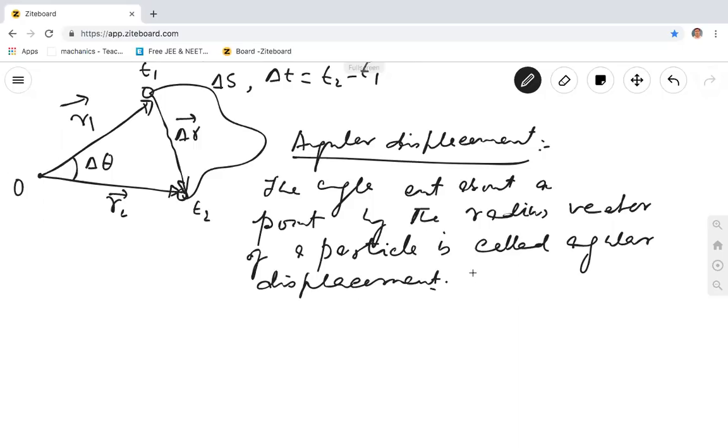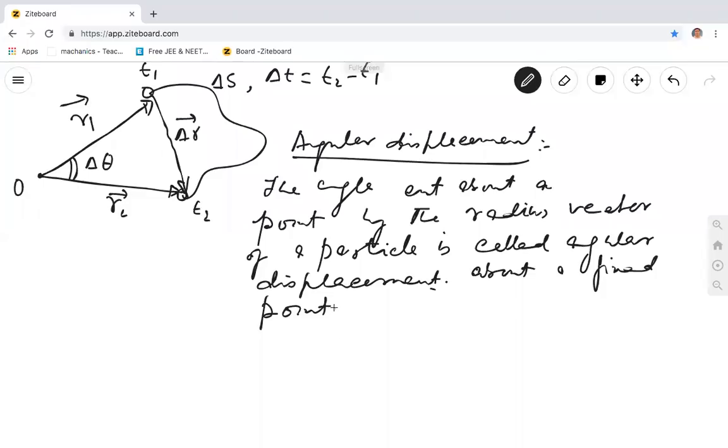Angular displacement about a fixed point. Right? Okay. This is the angular displacement.